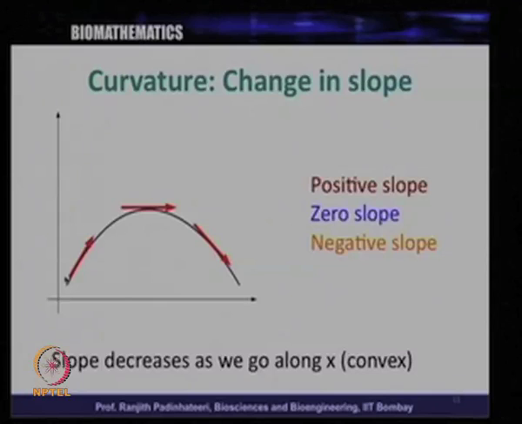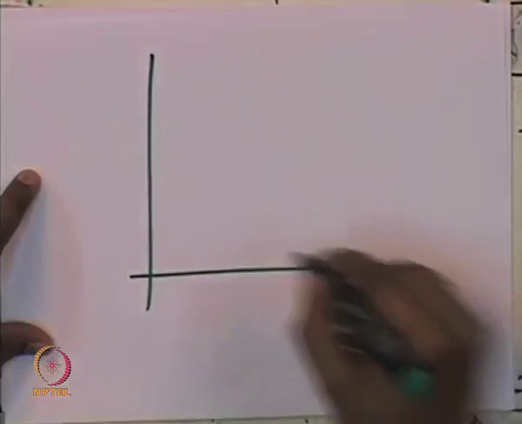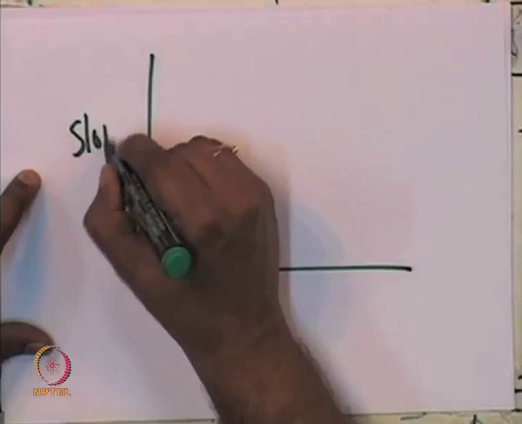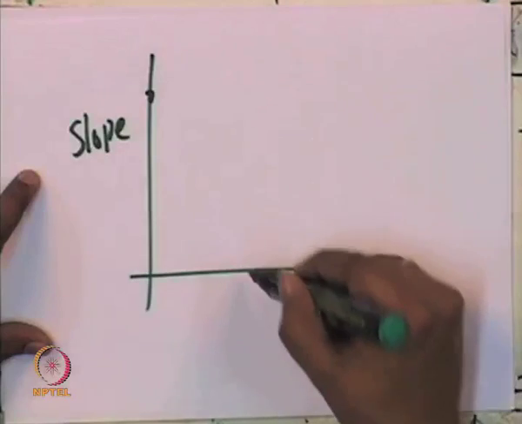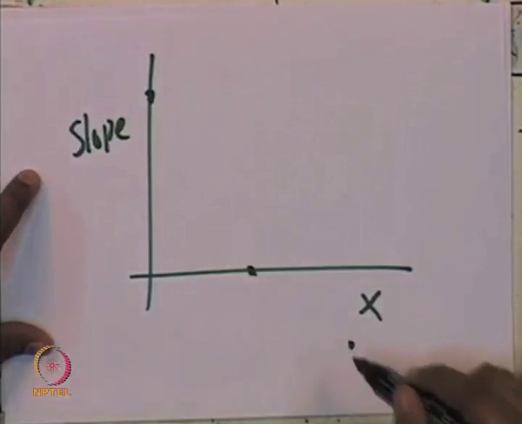So, from a positive value, slope becomes 0 and then becomes negative. So, the slope decreases from positive to 0 to negative, right. If you just plot the slope against x, first it was some positive value, then it became 0, then it became negative.